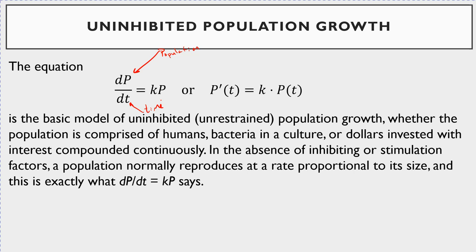The population can be comprised of humans, bacteria in a culture, or dollars invested with compound interest continuously. So it can be a bunch of different things.